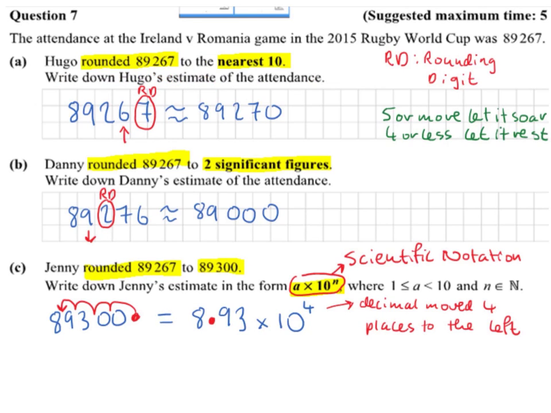So RD stands for rounding digit. If he rounded to the nearest 10, then the 6 is the tens. So we go to the number directly to the right of that, and that becomes our rounding digit. The rule is 5 or more, let it soar, 4 or less, let it rest.